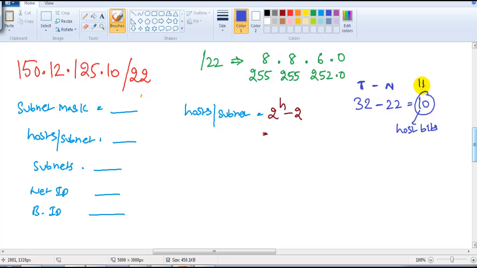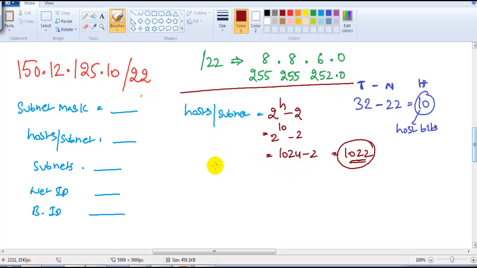So 2 to the power of 10 minus 2 is 1024 minus 2, which is 1022 valid hosts per subnet. This is my second answer.